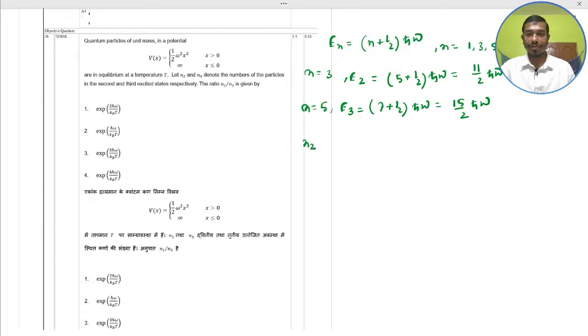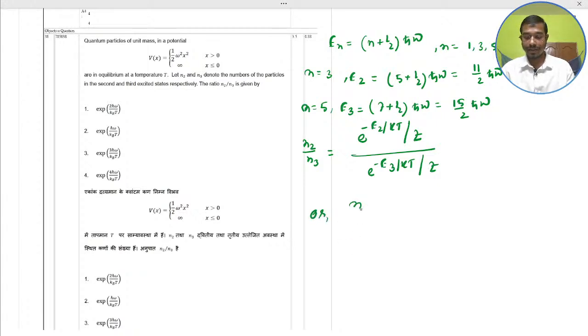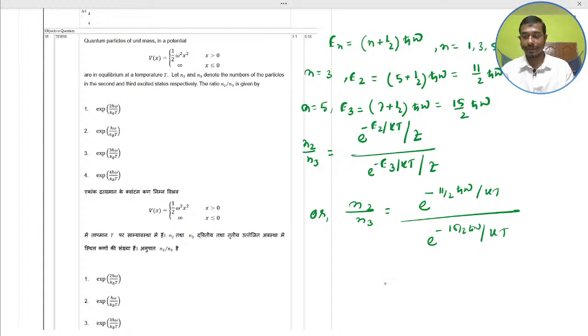Population ratio, basically N2 by N3 means the population ratio from the Boltzmann distribution equation, that the e to the power minus E2 by kT divided by the z partition function, e to the power minus E3 by kT divided by the z. Substitute the value, that the N2 divided by N3 would be the e to the power minus 11/2 h cross omega by kT, divided by e to the power minus 15/2 h cross omega by kT.